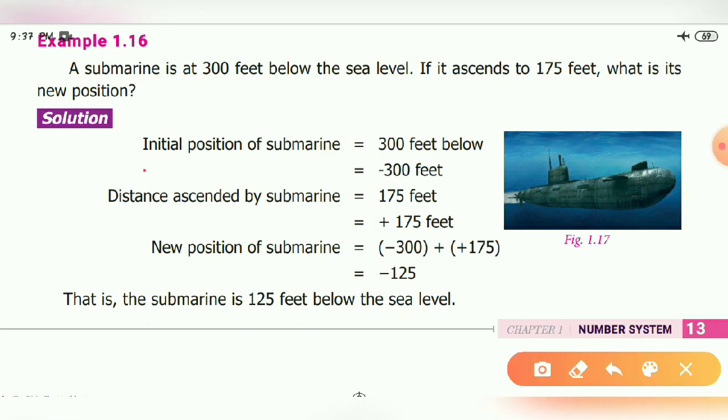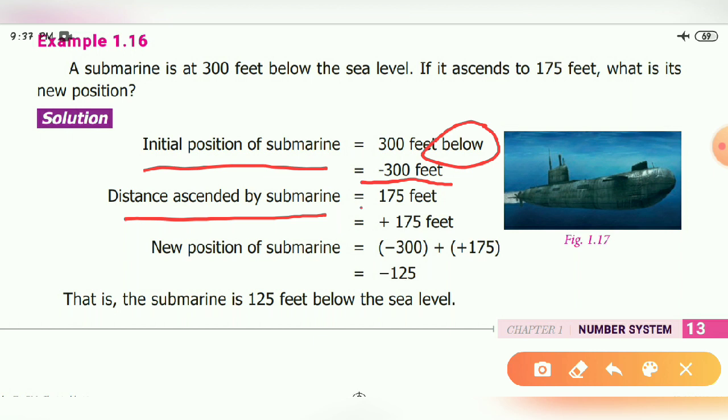Initial position of the submarine is 300 feet below. Below is represented as a minus sign, so minus 300 feet. Next, distance ascended by the submarine. The submarine climbed up 175 feet. Climbing up or ascending is represented as plus, so plus 175 feet.